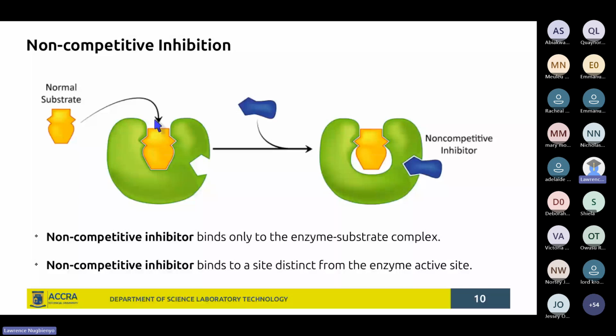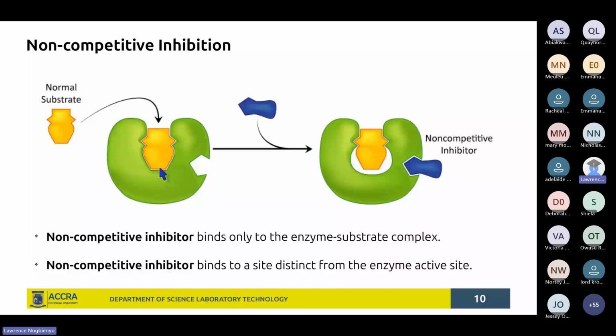But you see there is that site, the allosteric site on the enzyme, that an inhibitor can bind onto. That we refer to as non-competitive inhibition. It's non-competitive inhibition because the substrate and the inhibitor are not competing for the active site of the enzyme.